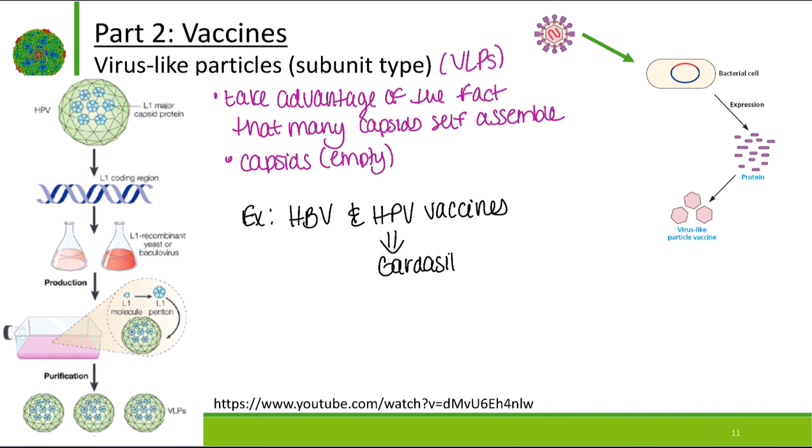And so what scientists have done is they have taken the gene that encodes for the capsid protein, they are able to clone that, and in yeast or in other cell lines, they're able to grow it, and then they purify it, and then they assemble into these really pretty VLPs.